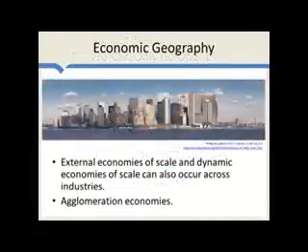One more point before we conclude. External economies of scale and dynamic economies of scale can also occur across industries. That is, the ideas in one industry can cross-pollinate or fertilize ideas in another industry, can lower costs in another industry.